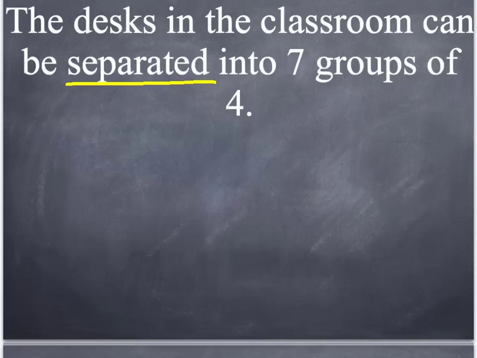Now we don't have an is in this sentence, but we really do need to make it an equation because we're talking about separated and we're talking about division. So d divided by 7 is 4. So for every rule there's always some exceptions, and this would be one of those exceptions.